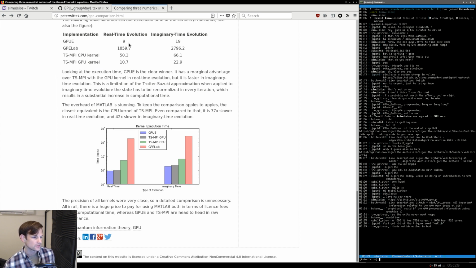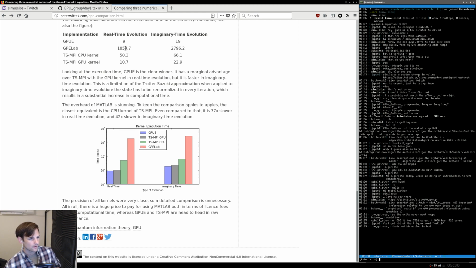So here are the actual units here. Real-time evolution 9, imaginary time evolution 19. These are just two different types of evolution. The GPE lab, which again is the MATLAB implementation, took 1859. So this is, oh wow, that's actually worse than I thought.